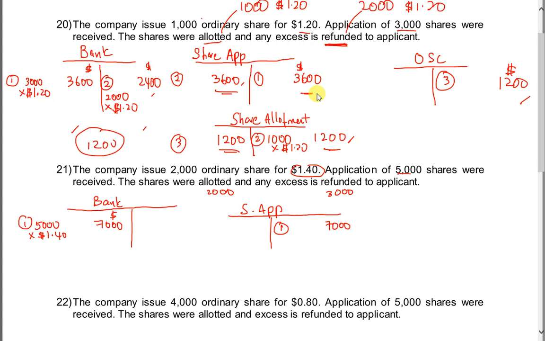Okay, deadline closed. Now time to do allotment. The successful ones will get the allotment and the unsuccessful will be refunded. Debit share application 7,000, credit share allotment.